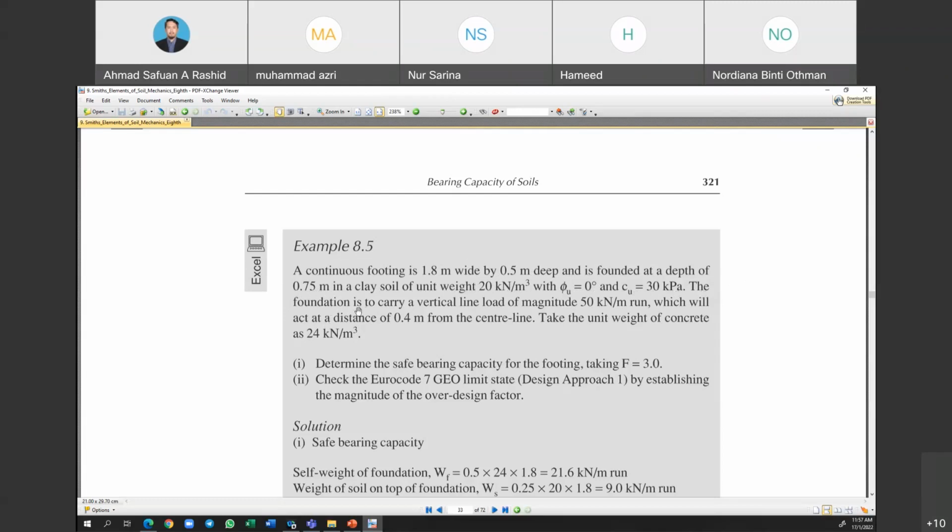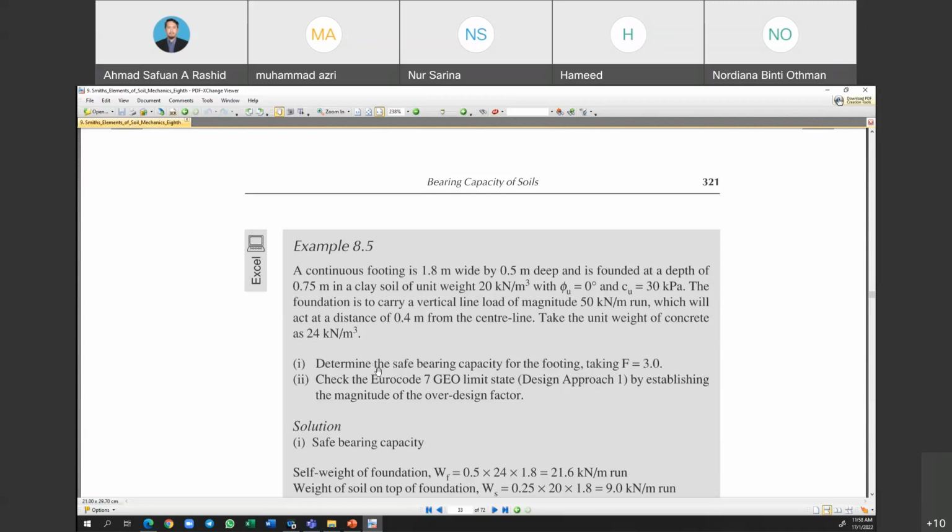The foundation is to carry a vertical line load of 50 kilonewton per meter run, which acts at a distance of 0.4 meter from the center line. Take the unit weight of the concrete as 24. So there is an eccentricity problem here, where the distance is 0.4 from the center.